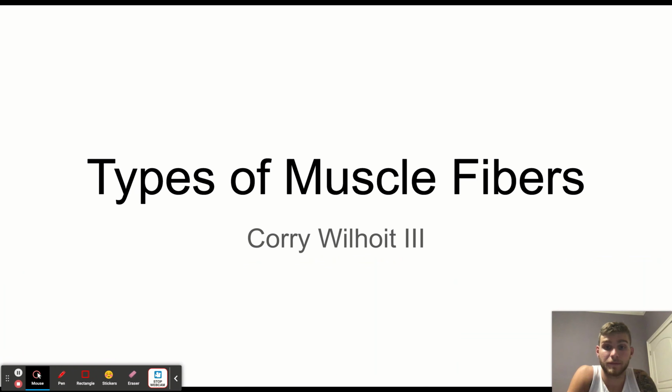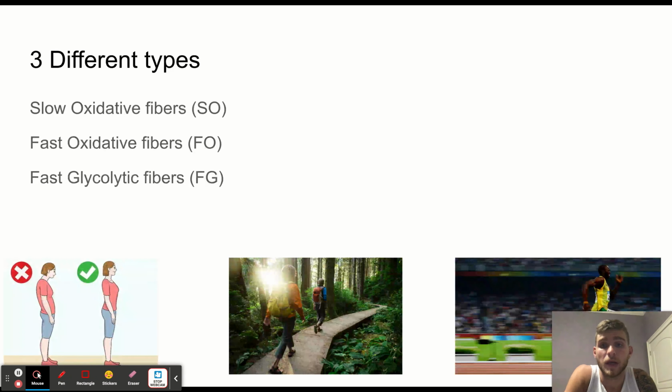All right. First up, we have types of muscle fibers. There are three different types: slow oxidative muscle fibers, fast oxidative muscle fibers, and fast glycolytic muscle fibers. Your slow oxidative muscle fibers are in charge of your posture and other small movements that require very little ATP.